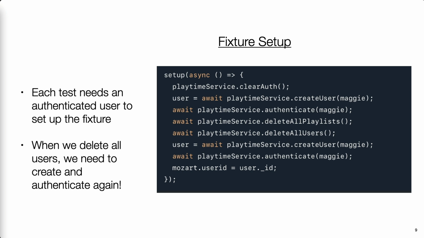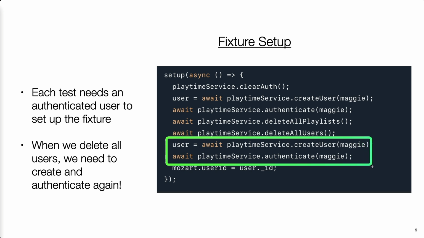So we need to create the user again, authenticate, and then the test should run as before. So all our tests would roughly match something like this. In our setup, we'll create a user and authenticate, and then all the tests will run in the context of that authenticated user. Follow that pattern, and we've got a reasonable chance that most of our tests should work.